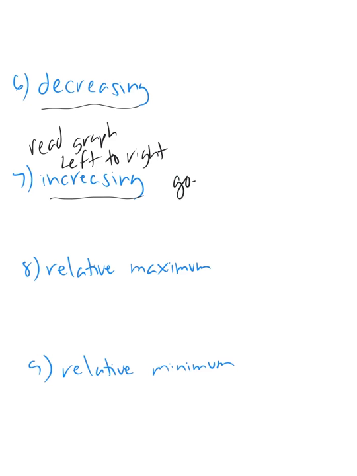Increasing, the graph is going to go up and to the right. So if increasing goes up and to the right, where does decreasing go? You read the graph left to right for both of these. Increasing goes up this way, decreasing goes down this way.